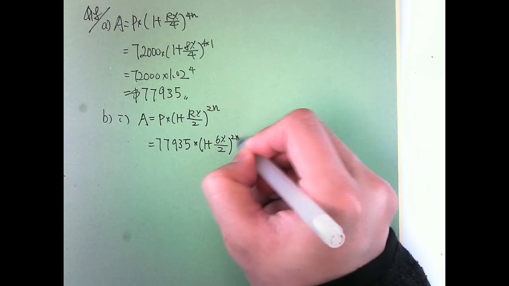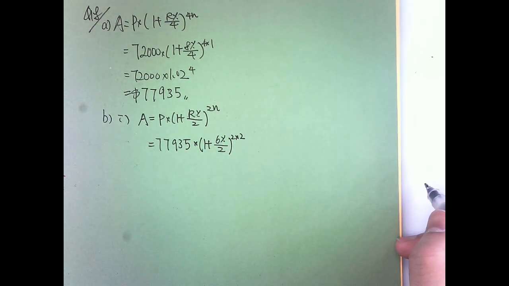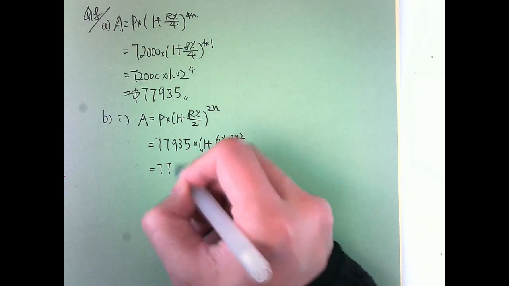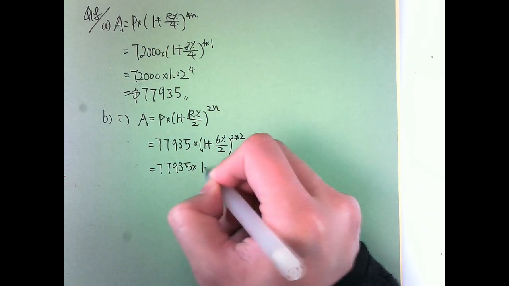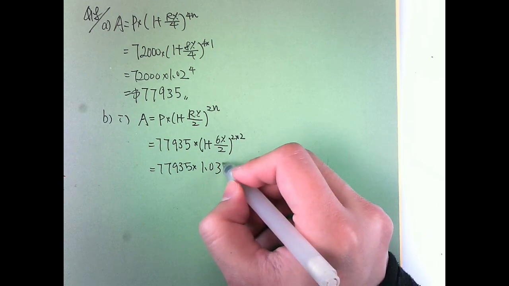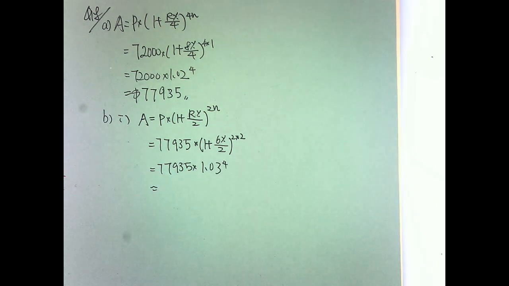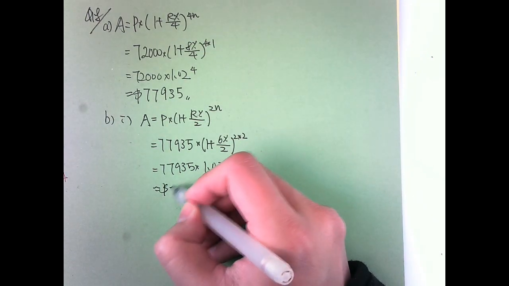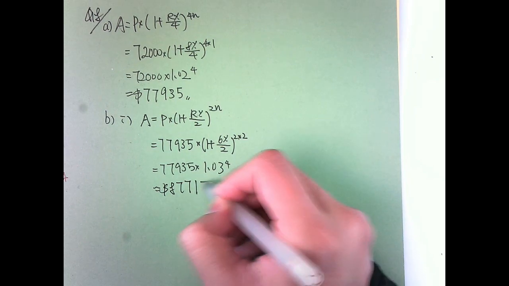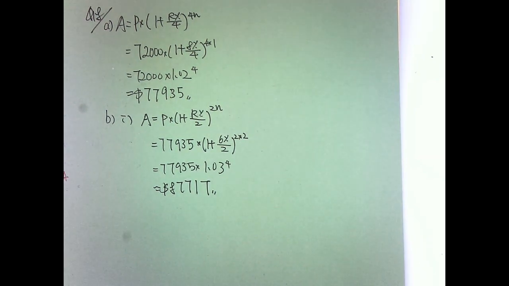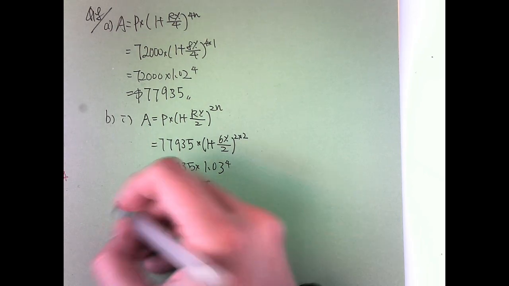So for another 2 years, be very careful. So it's 1.03 to the power 4. So it should be like this, 78,017. This is B1, understand?